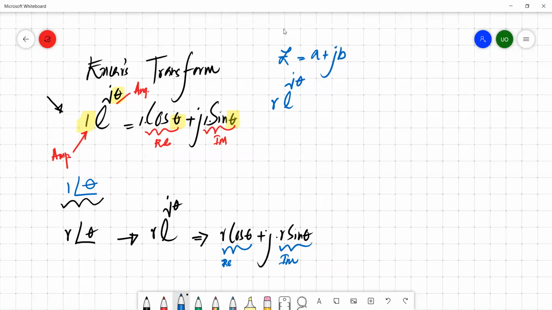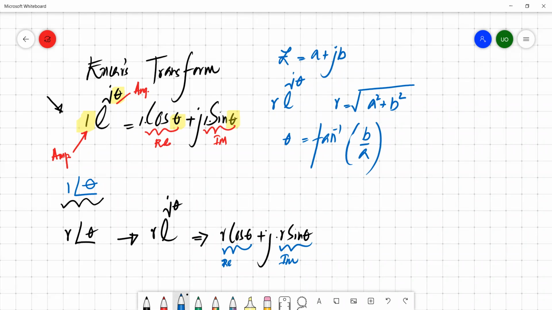So r would be the square root of the real squared plus imaginary squared, and theta would be tan inverse of b divided by a. Okay, so it means any kind of a complex signal can be transformed into its complex exponential.